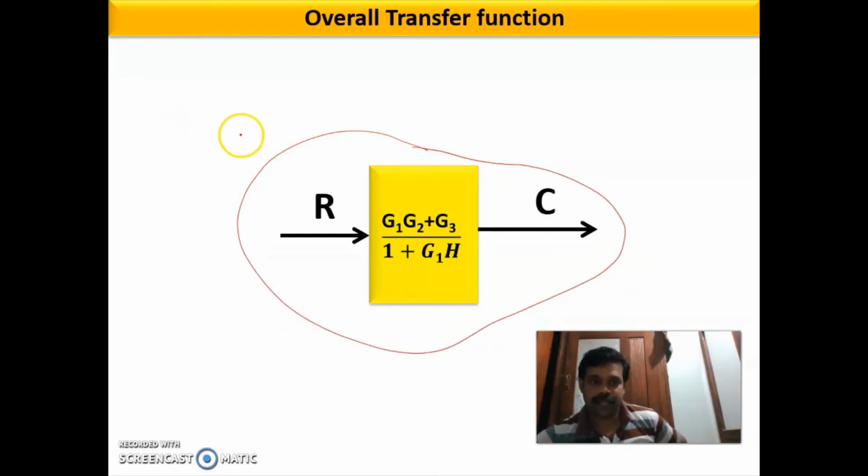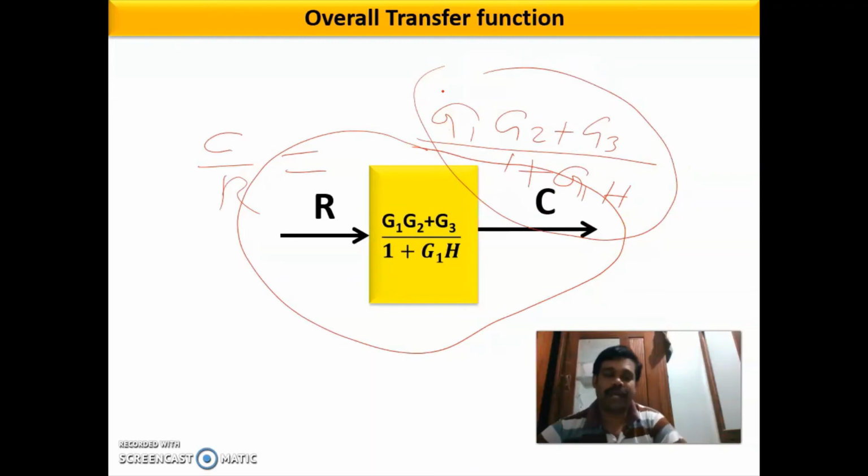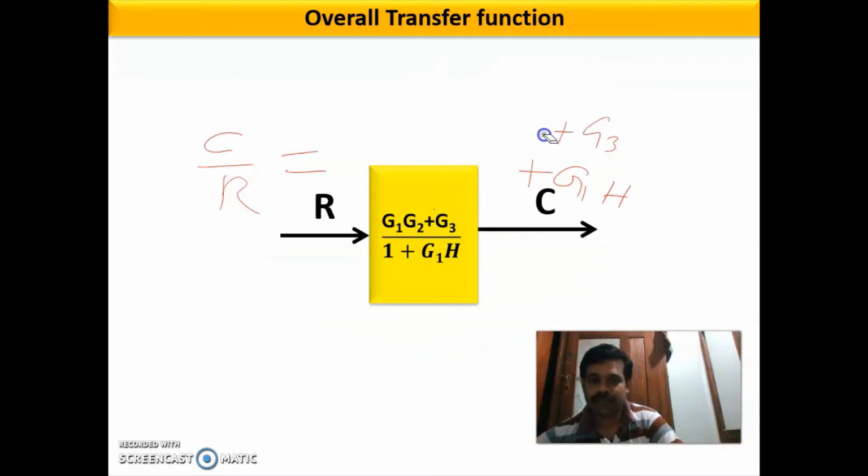C by R is equal to G1 G2 plus G3 divided by 1 plus G1. This is the overall transfer function. So we have reduced the block diagram and calculated the overall transfer function for the given block diagram.